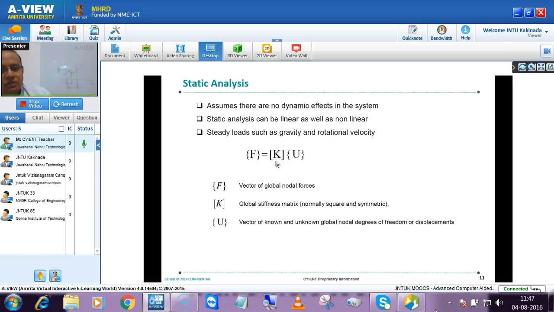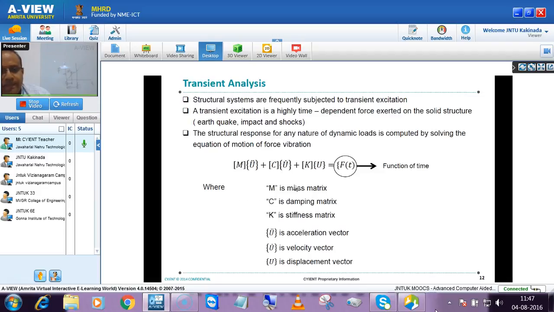In these two equations, A is considered constant. And transient analysis we need to do when the system is subjected to a load which is a function of time. So the excitation is highly time dependent. When the force is applied, it is a varying function of time.